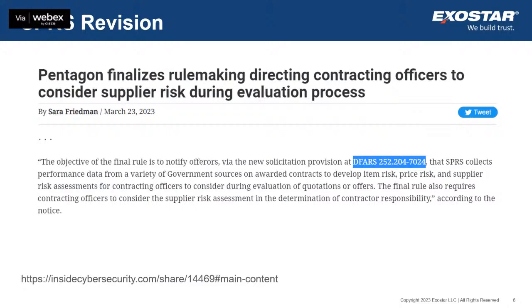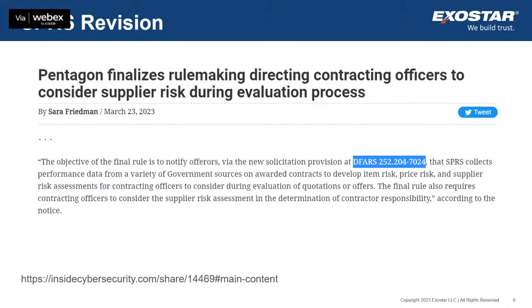The latest one was DFARS 252.204-7024. What this rule directs contracting officers to do is that they now can consider the Supplier Performance Risk System, that's what SPRS stands for, and a supplier's score in that system as part of the contract award process.